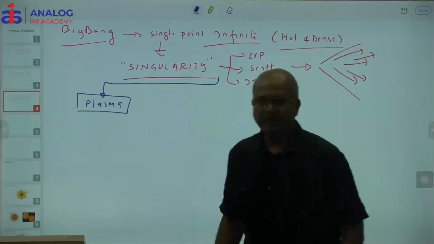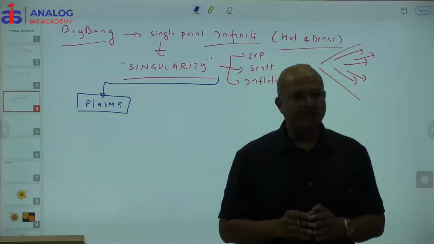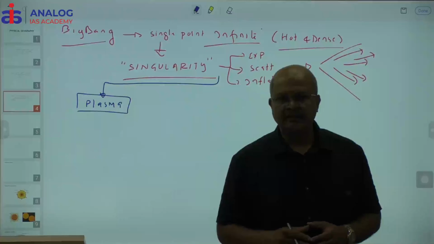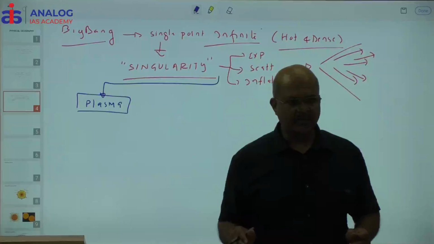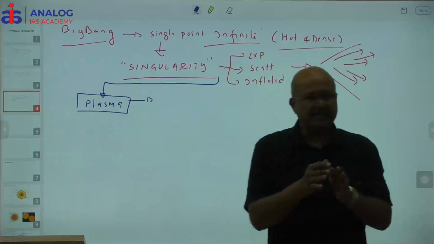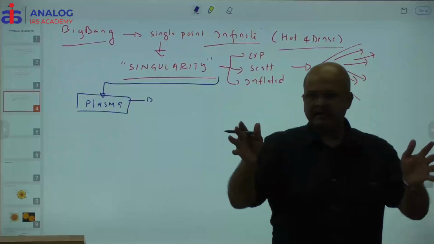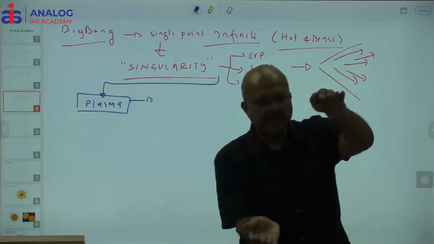Now, when there is a plasma state, you don't find atoms existing. So it was like a fog-like structure. But as it expanded, the temperature decreased. Anything, when it expands, its temperature decreases.